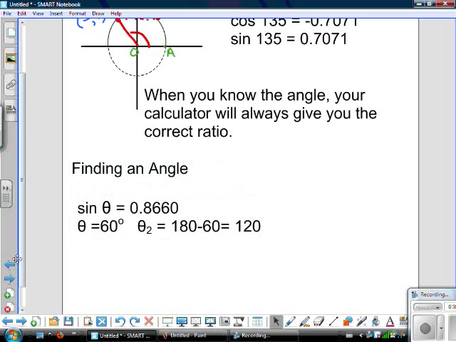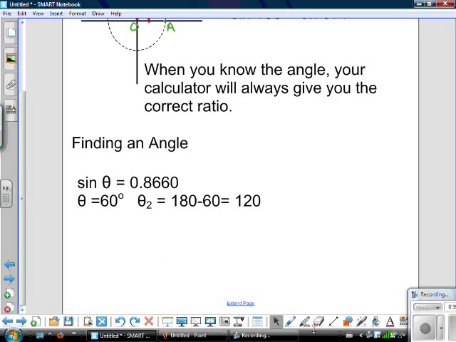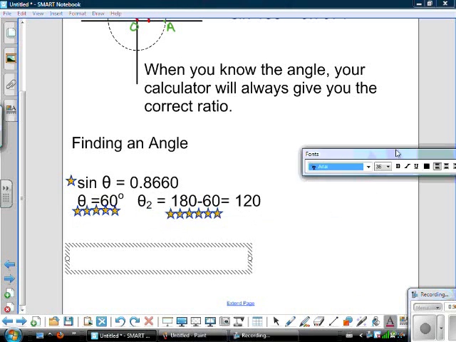Okay, so the only time I have to be concerned is when I have sine. So when I have sine, I have to do two calculations. One that my calculator gives me, and the other one I get by subtracting from 180. Now the same is not true for cos. Cos, there's only one.